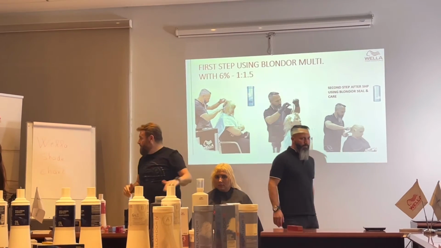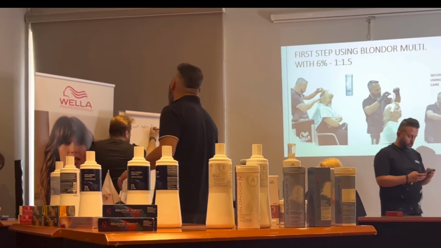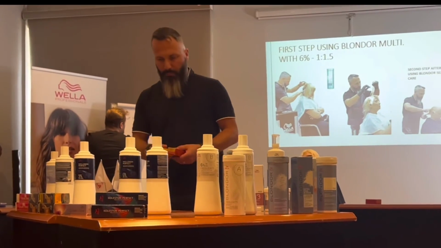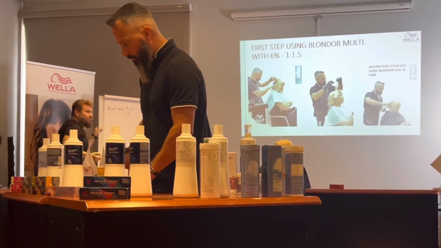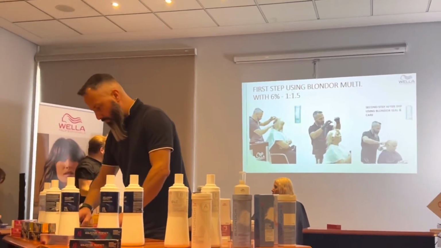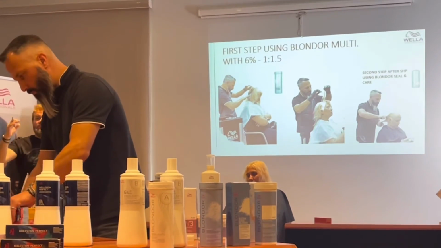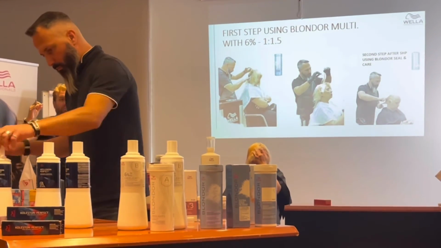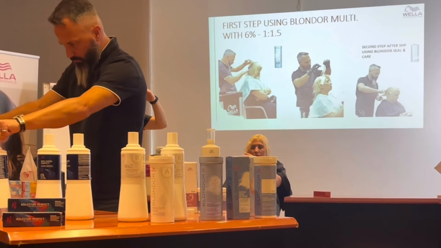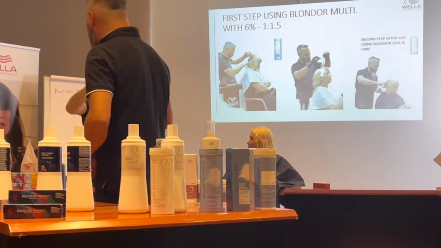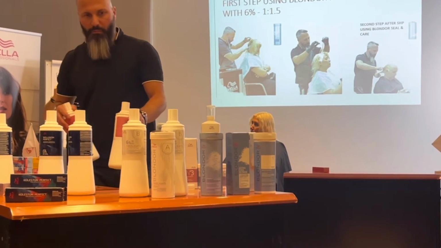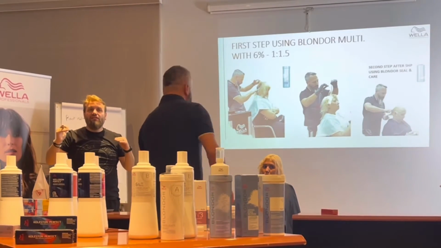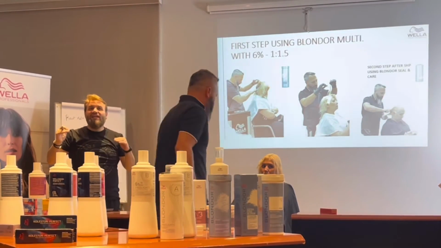And then I will use 9/60 plus 6/16. Okay? So if I mix it one part, which level do I achieve? Do you know? If I mix 9 and 6, one part, which level do I achieve? Do you know? 7 and something.